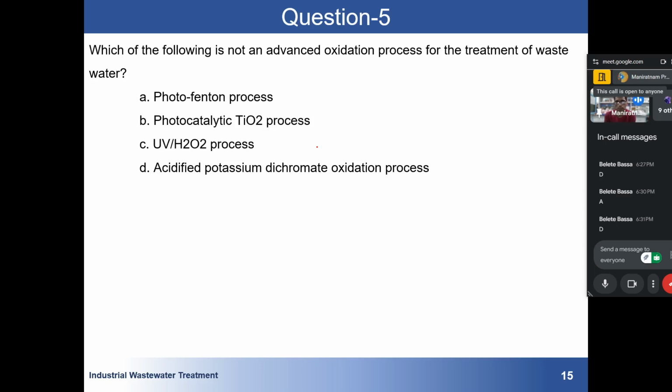I have also discussed what advanced oxidation is: we want to degrade complex organic matter. It is titanium oxide, TiO2, with the two in subscript. Okay, but I think it's fine.